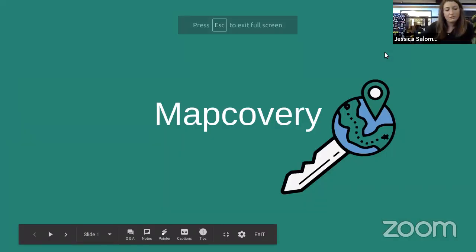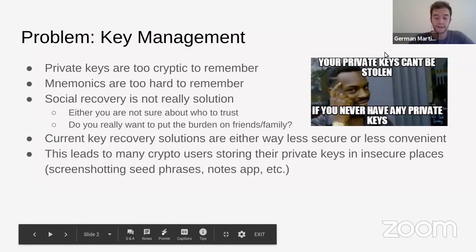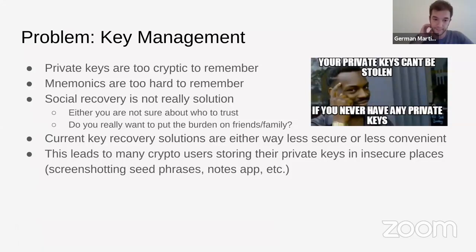So this is Mapcovery, and we are trying to solve one of the biggest problems of the blockchain, which is right now key management. For example, private keys are too cryptic to remember, and even mnemonics are quite hard to remember.